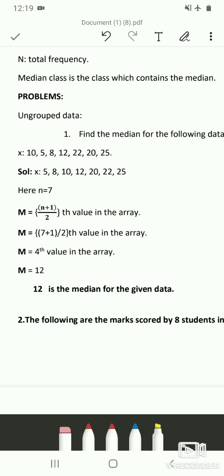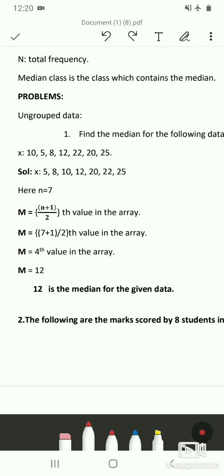So the first step is to arrange the data. The least value is 5 and the highest value is 25. So we have arranged the data in ascending order, and here small n is 7, that is the number of values. So there are 7 values.